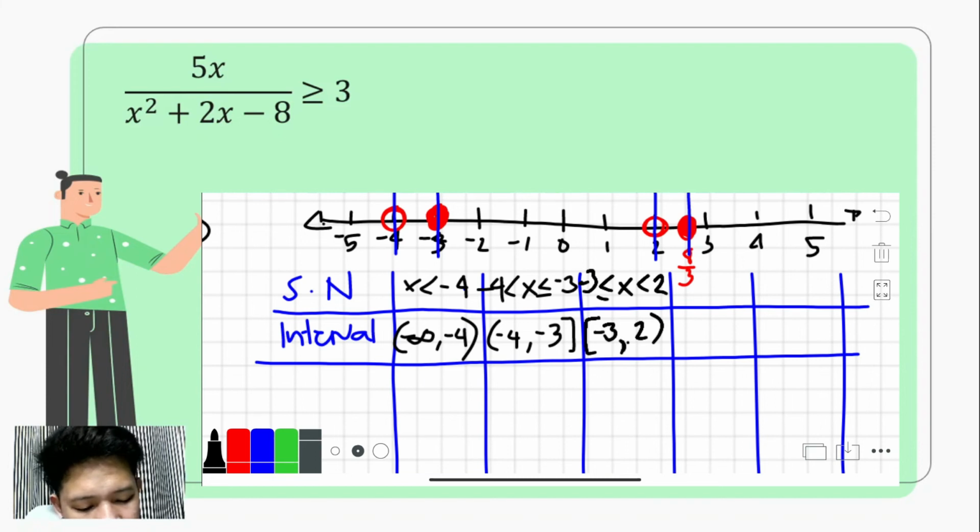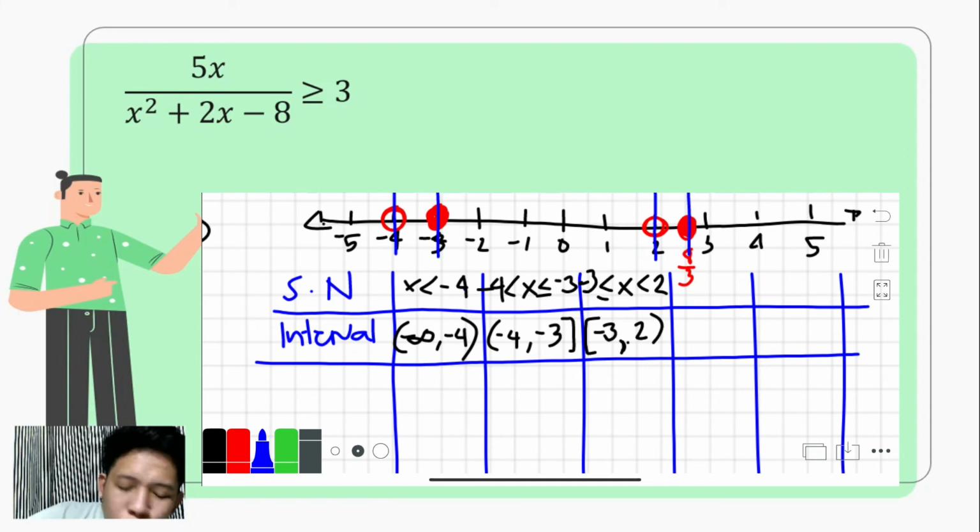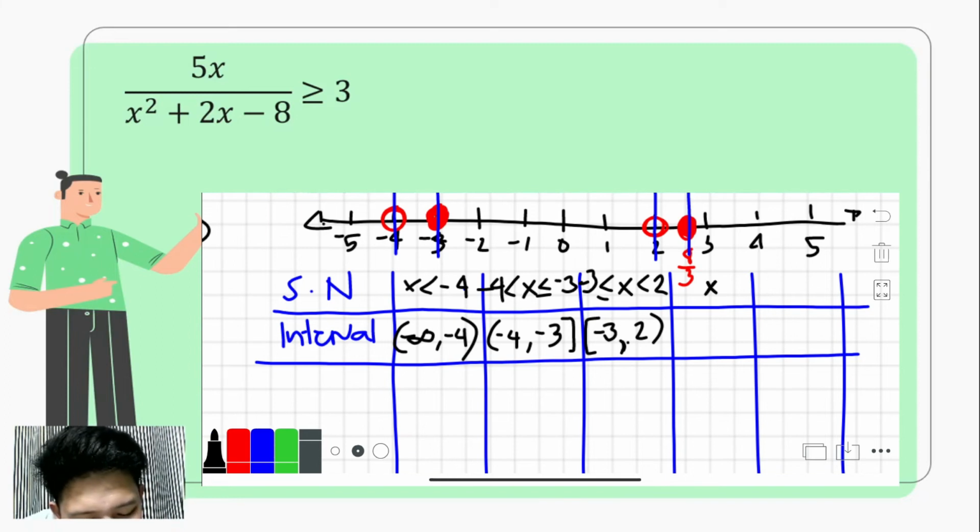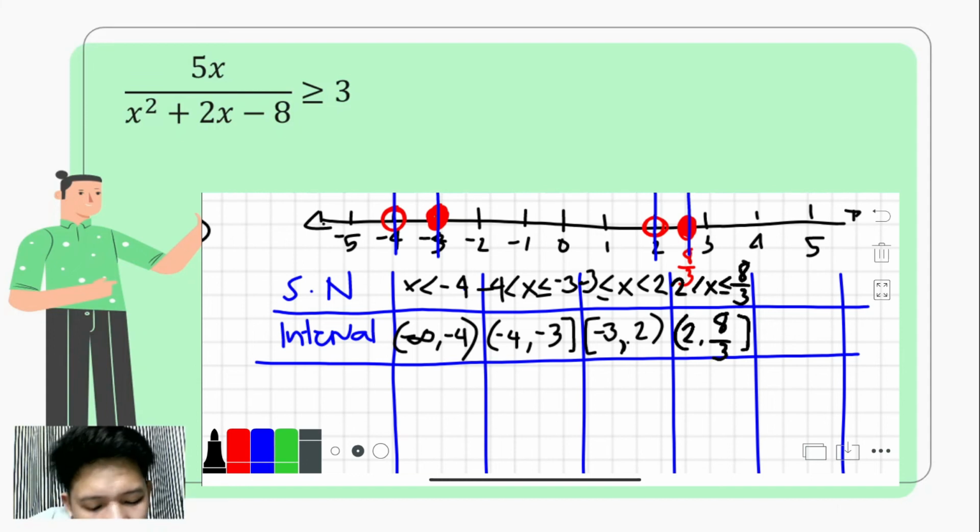And next is this partition. Okay? So, that is from 2 to 8 over 3. So, that is x is greater than 2, but less than or equal to 8 over 3 kasi included yung 8 over 3. And for our interval, this is from 2 to 8 over 3. This would be bracket. Okay po?